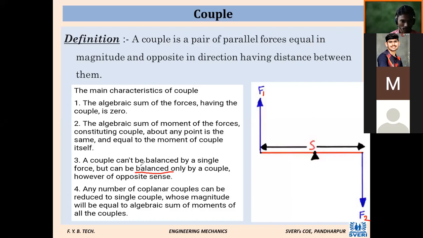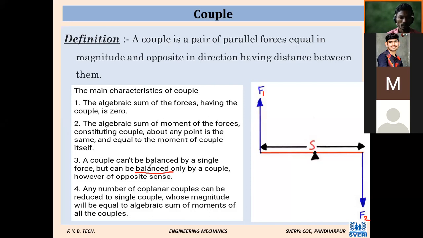Suppose a particular thing is rotating with a certain RPM and I want to stop it. What do I have to do? I have to apply a certain force in the opposite direction to stop it. That is the meaning here. A couple can't be balanced by a single force; it will be balanced by a couple only. Means I have to apply two forces only. That is the meaning of this third characteristic.